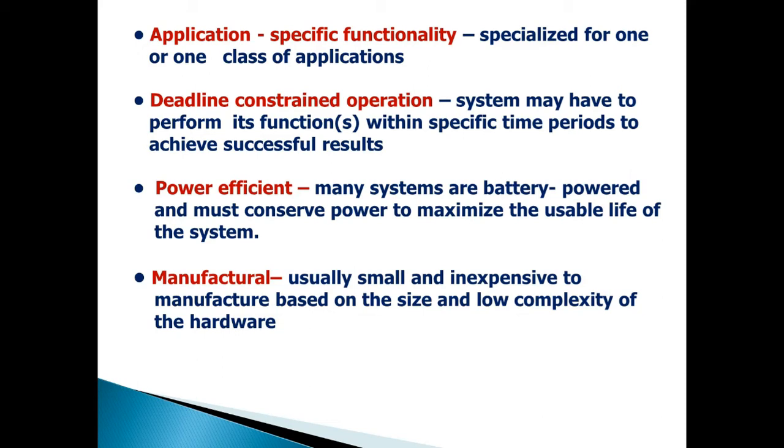Many systems are battery powered and must conserve power to maximize the usable life of the system. Manufacturing cost: usually small and inexpensive to manufacture, based on the small size and low complexity of the hardware.